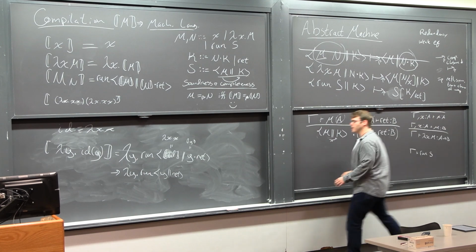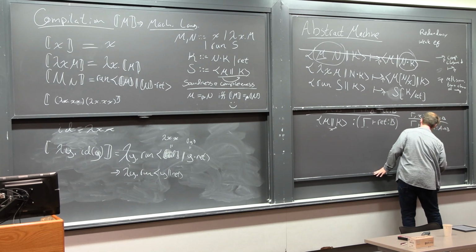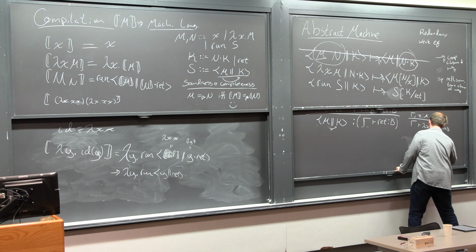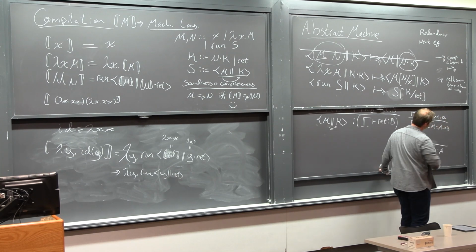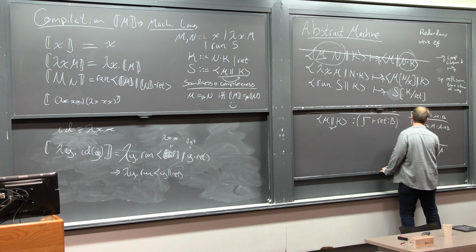Let me move this down slightly so that there's room. Run with some submachine in it. And suppose it has type A. When does that work? I'll have to say something about what that submachine is.